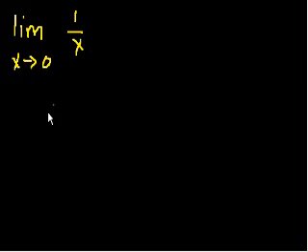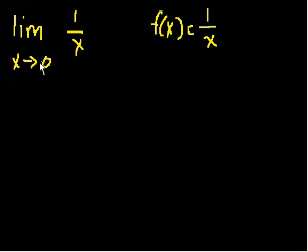So let's say that f of x is equal to 1 over x. You can tell my presentations are very unplanned. And we want to find the limit as x approaches 0. So actually, let's make a table of x and f of x.